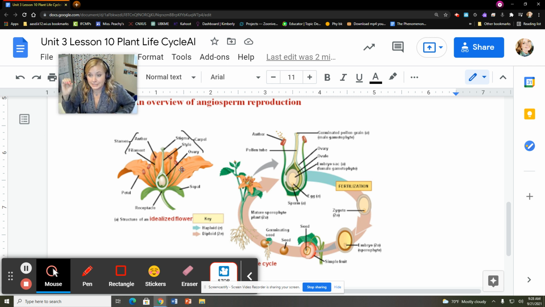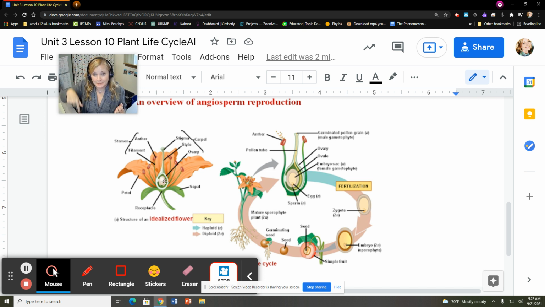The pollen contains sperm. The pollen lands on the stigma, and then the pollen actually first opens up and releases a pollen tube. A little tube grows and works its way down through the style here.